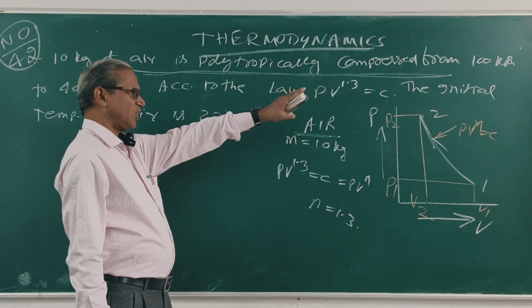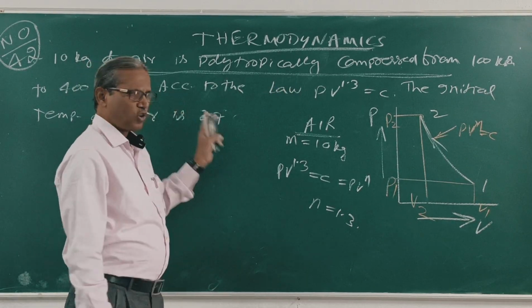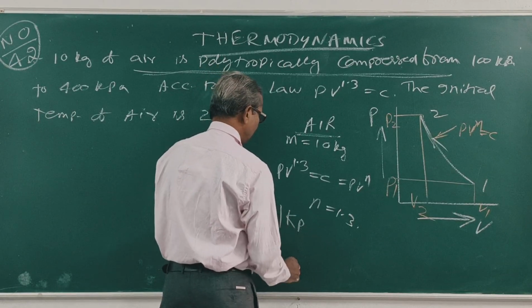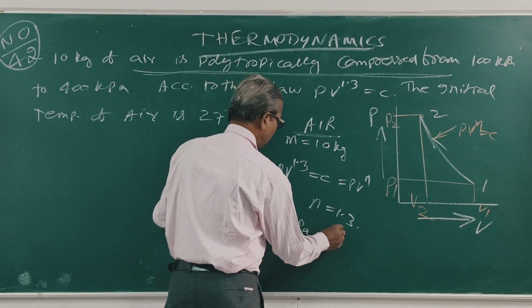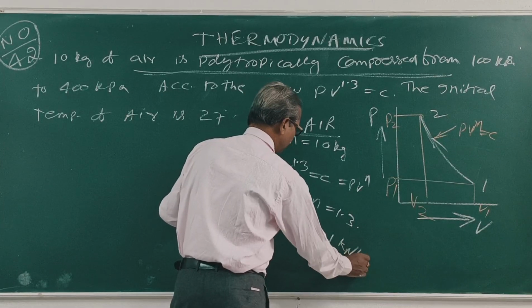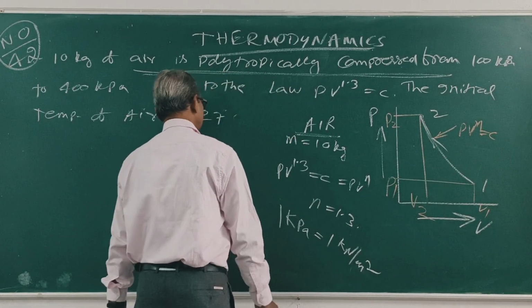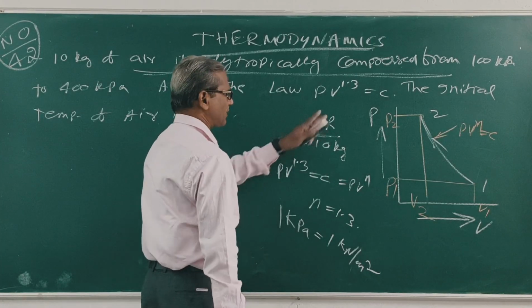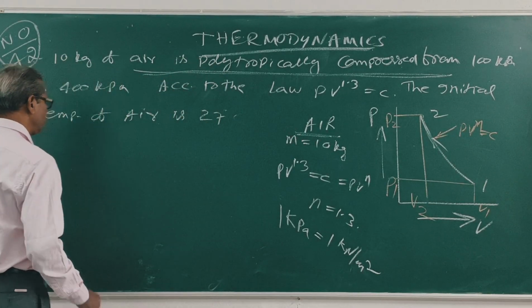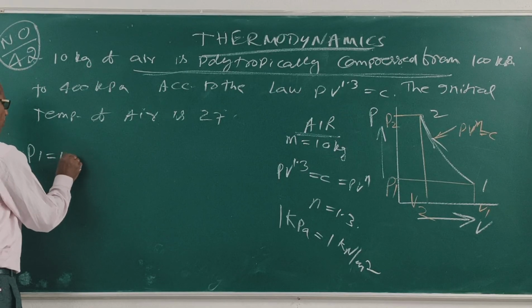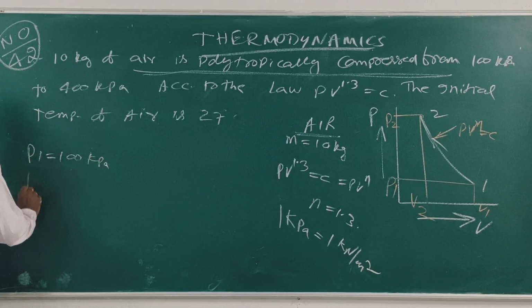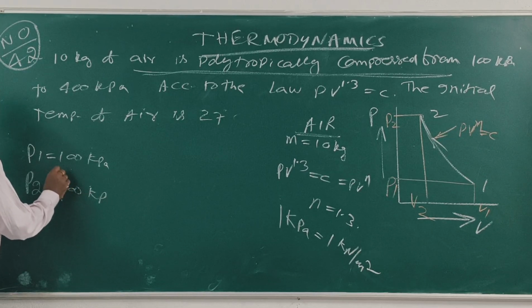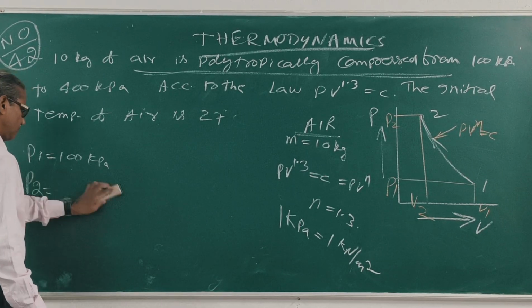From the initial condition, 100 kilopascal to 400 kilopascal, 1 kilopascal is equal to 1 kilonewton per meter square. Right? What is P1 equal to? 100 kilopascal. What is P2 equal to? 400 kilopascal, meaning kilonewton per meter square.